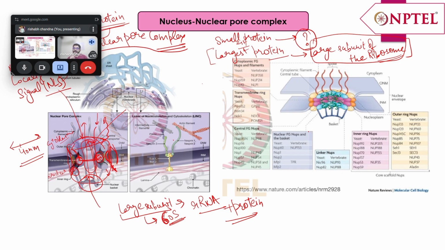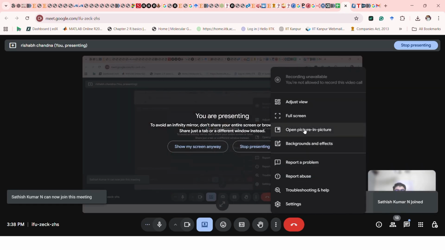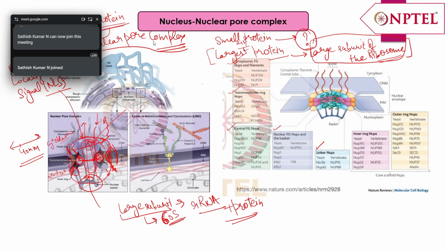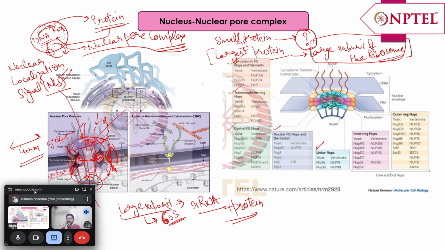There are numerous proteins because it is a highly complex structure, so I'm not going into that detail, but these are the different protein complexes that are present in the nuclear pore complex. Okay, so this is the case with the nuclear pore complex. Shall we move forward? Any doubts till now?